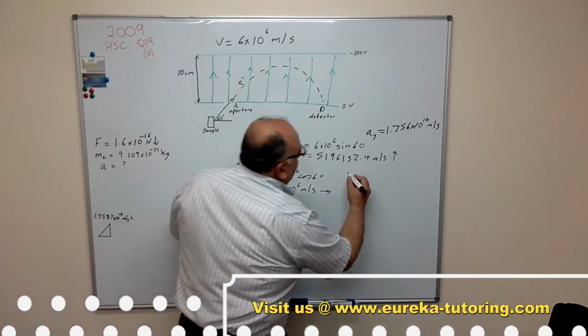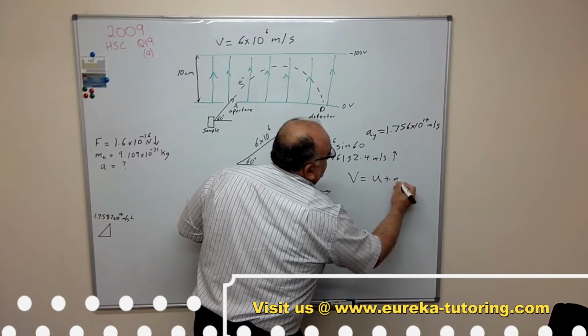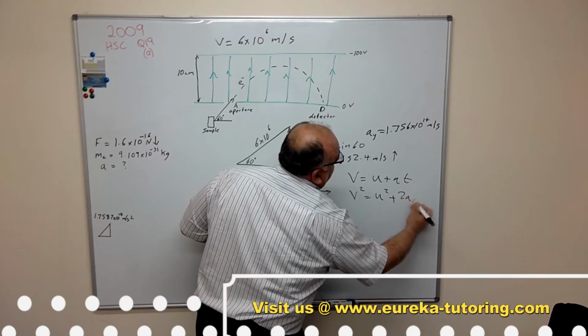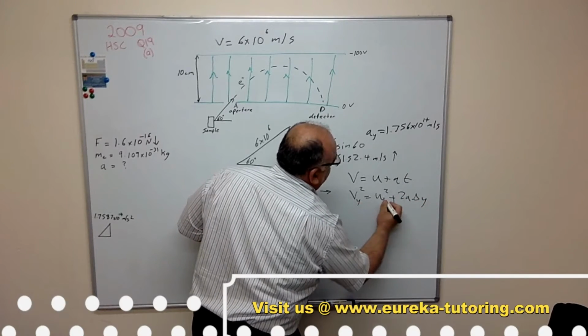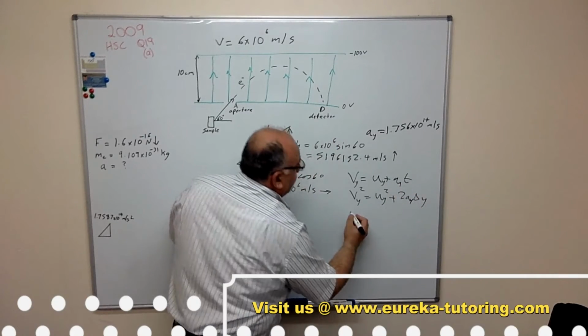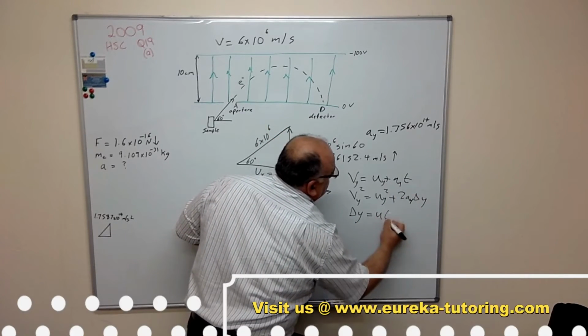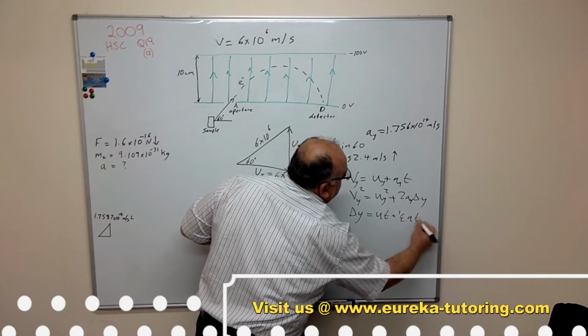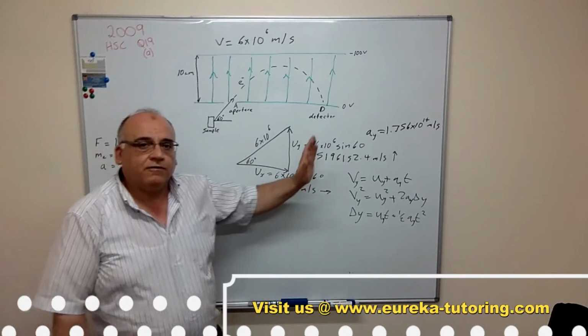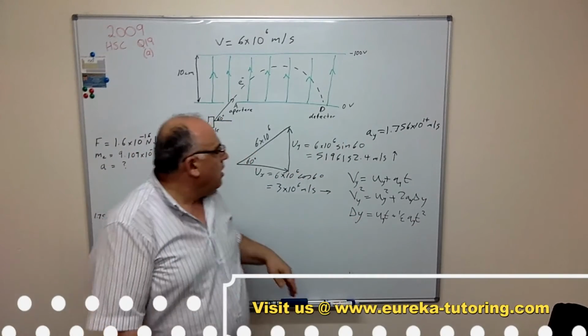The equations of motion, we have v equals u plus at. We have v squared equals u squared plus 2a delta y. These are for the y's. And we have delta y equals ut plus half at squared. So these are our vertical components for our projectile motion.